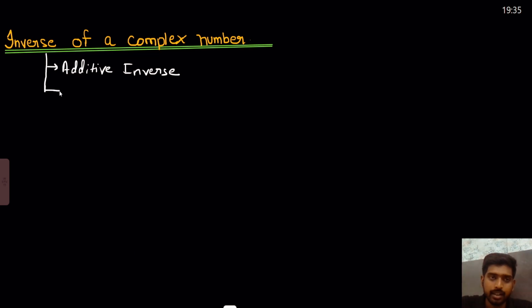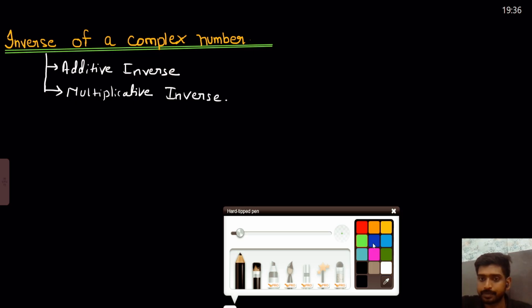And the next type of inverse is multiplicative inverse. One by one, we will see how to find the additive inverse and how to find the multiplicative inverse. What is additive inverse and what is multiplicative inverse? Got it? So here, first full heading: additive inverse.